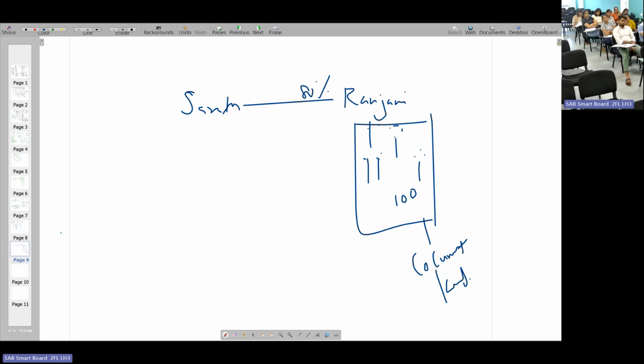Sarath has power to pluck how many trees of Ranjani's land? 80. 80. 20.